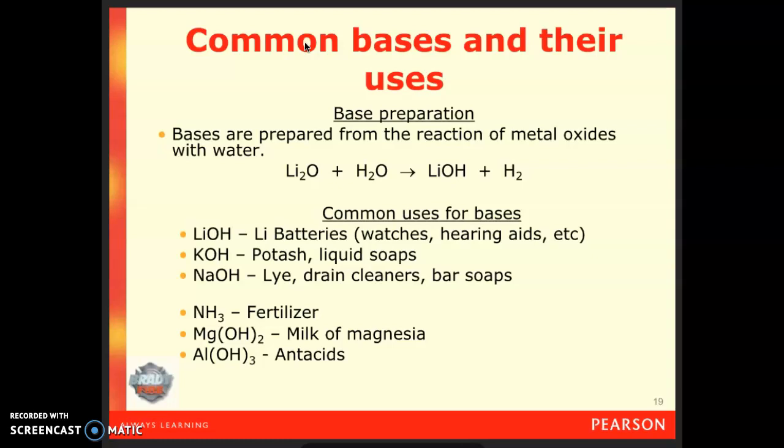And so some common uses for bases, as I mentioned before, lithium hydroxide is often found in lithium-ion batteries. So anything that has a long-lasting life, watches, hearing aids, computers, iPhones, those kinds of things usually run on lithium-ion batteries. Potash is predominantly found in liquid-based soaps.